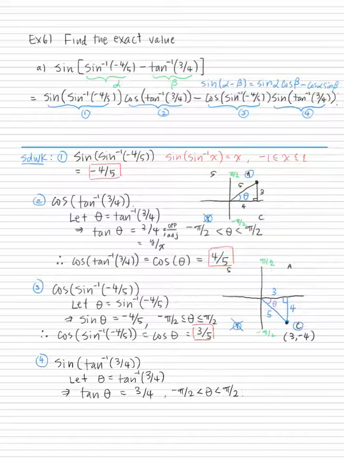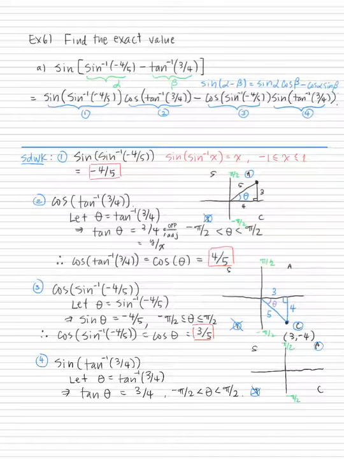Okay, so picture time. Since tangent is positive 3 over 4, tangent is positive in quadrant 1 or quadrant 3, but theta has to be between -pi/2 and pi/2. So again, quad 3 is out. So our angle theta is going to lie in quadrant 1.